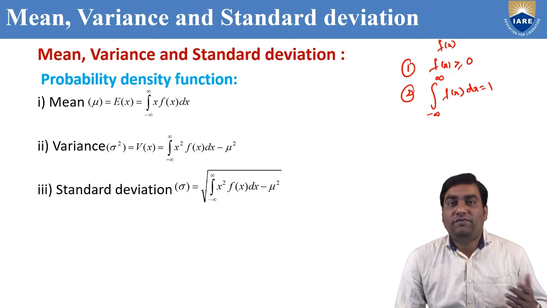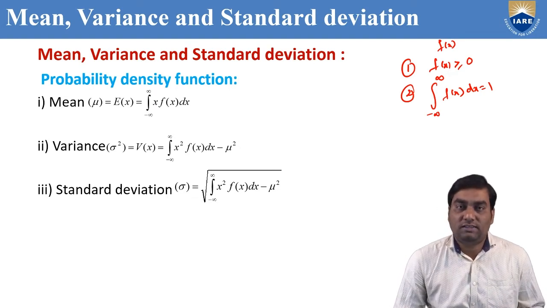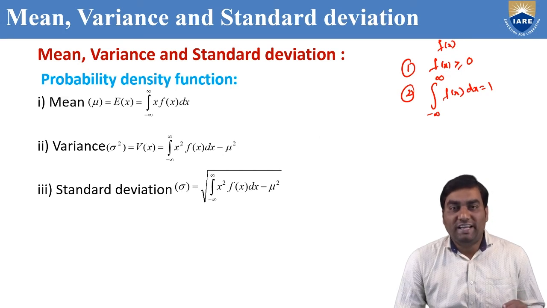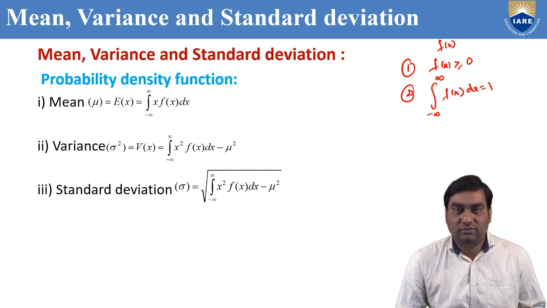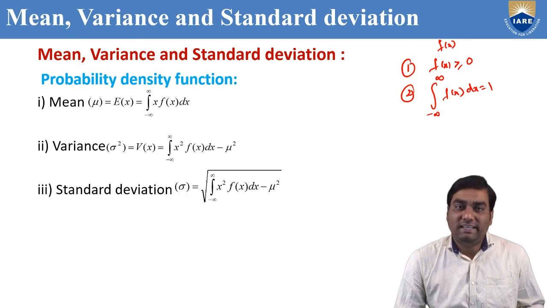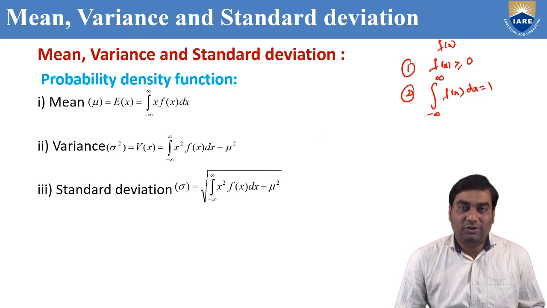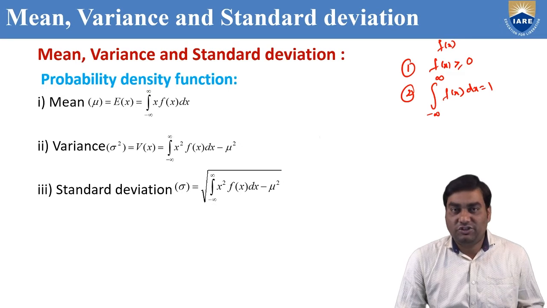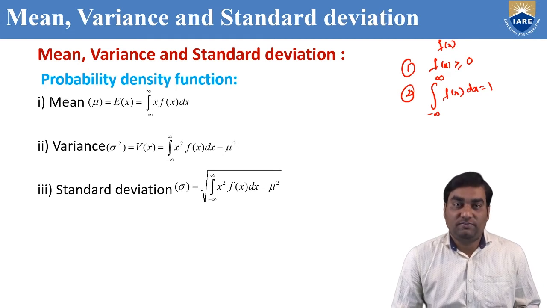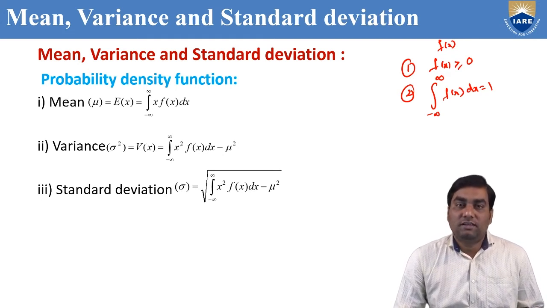In case it is a probability density function, we need to find the mean, variance and standard deviation, like the mean, variance and standard deviation of a probability mass function, which we discussed in the previous sessions. Now we are going to discuss the same concepts again for the probability density function.